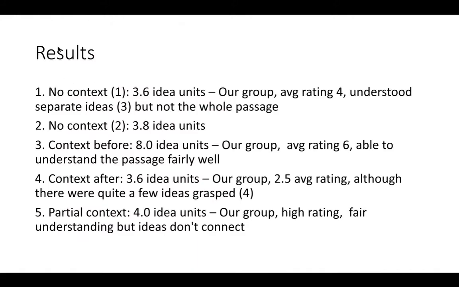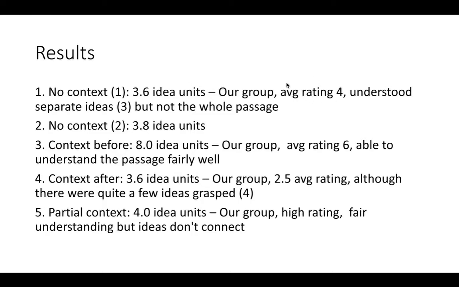Okay, so the results that the experimenters had, and I have kind of put together for our group, are as follows. For the no context, out of the 14 ideas, the participants had 3.6 average idea units, right? So of 14, they were able to understand only 3 or 4 points on average.